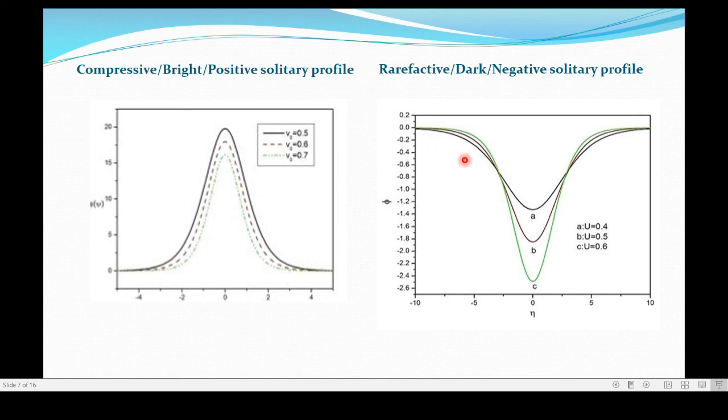For a dark soliton, or rarefactive solitary structure, it is in the dip that we find the potential is negative, that is, the number of particles here is less. So these are the often used terms, and this is what they look like in reality. Either you can write compressive solitary structure, bright or positive, as well as these others.